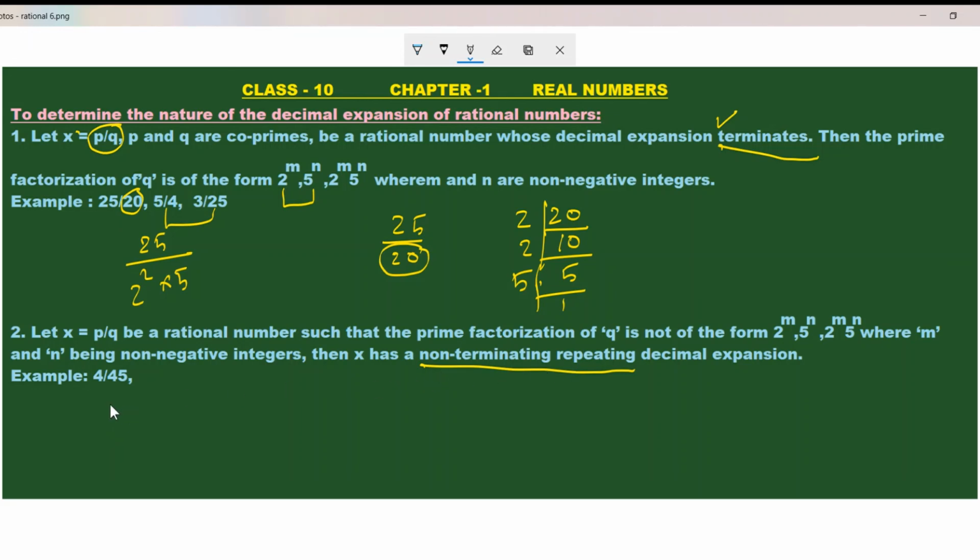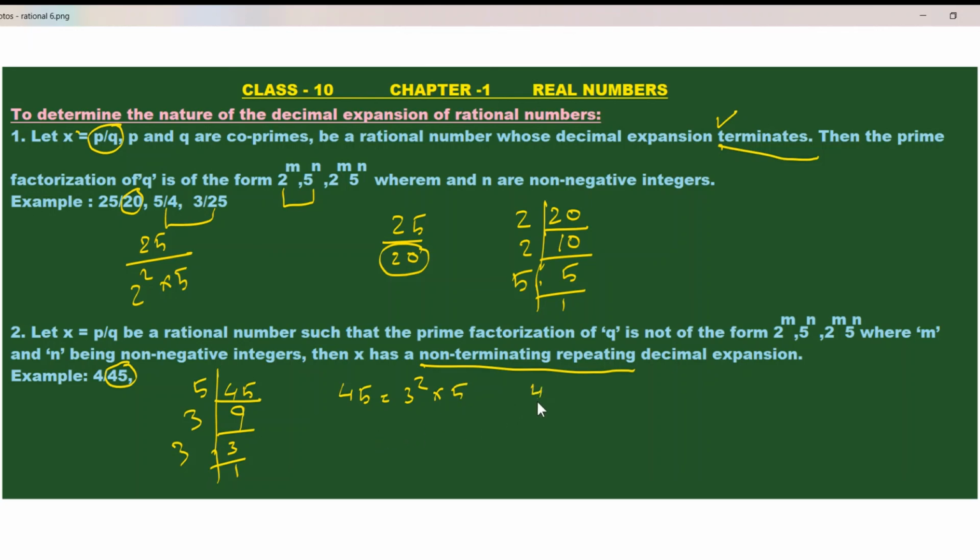non-terminating repeating. Here I have taken 4 upon 45. 45 is the q. We need to write 45 in terms of prime numbers. We'll go with 5, 9, 3 threes are 9. So 45 we can write as 3 square into 5.